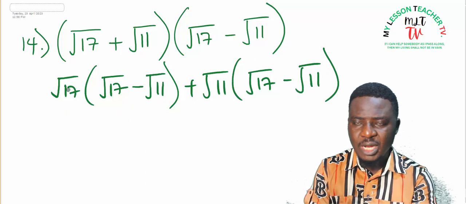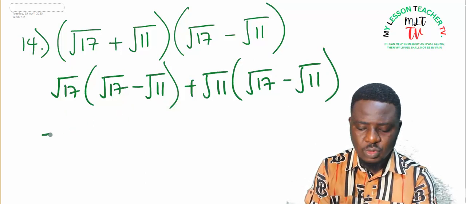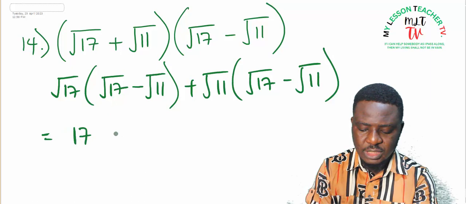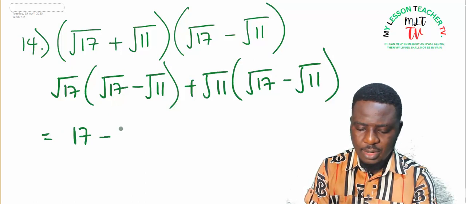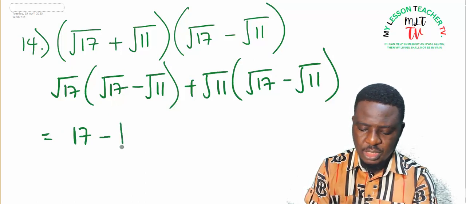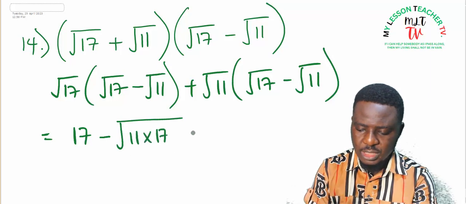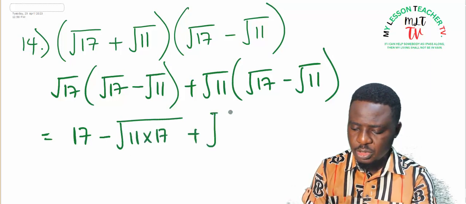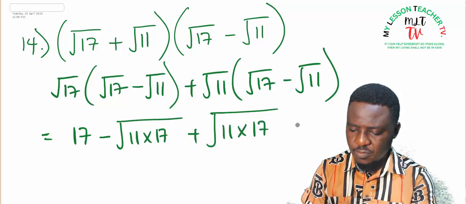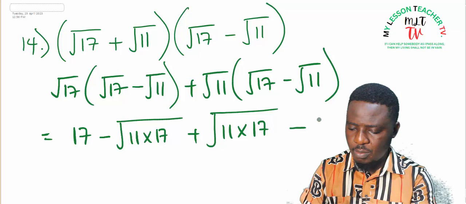When you expand this bracket, root 17 times root 17 gives us 17, minus root 11 times 17, plus root 11 times 17, minus 11.